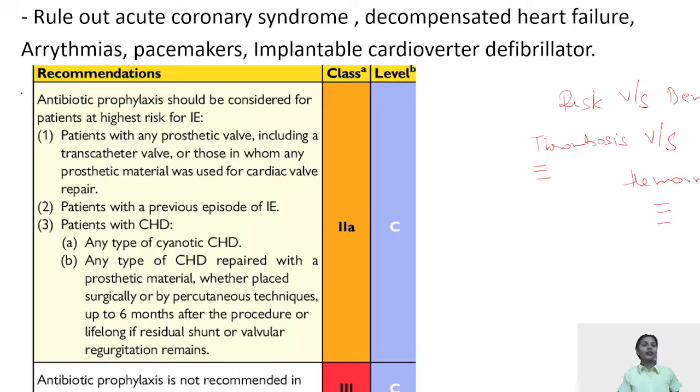So the next thing that is important for us is the prophylaxis of infective endocarditis. See, every case of valvular heart disease or any congenital heart disease should not be given a prophylaxis of infective endocarditis.